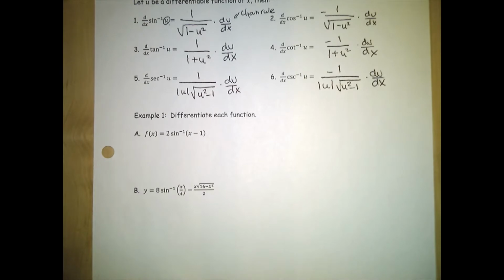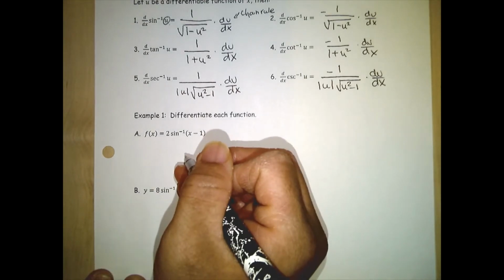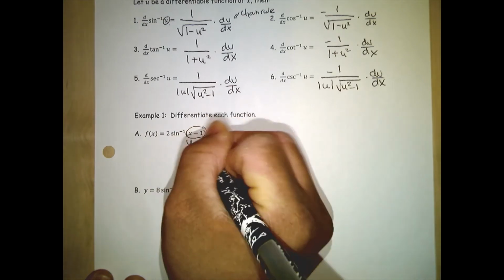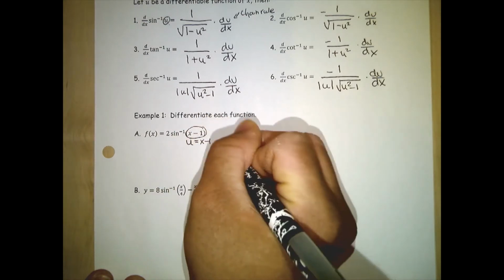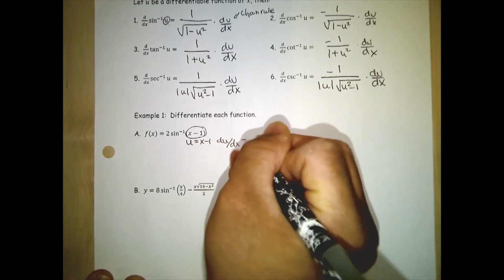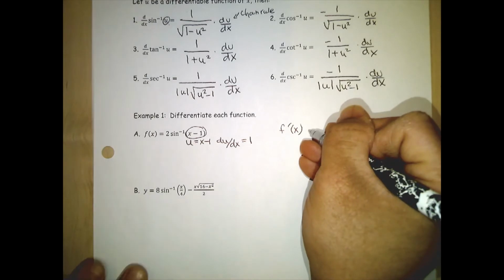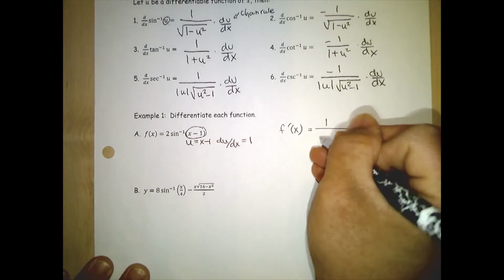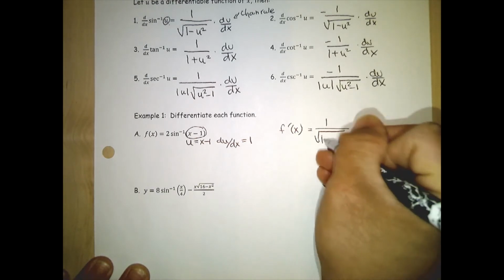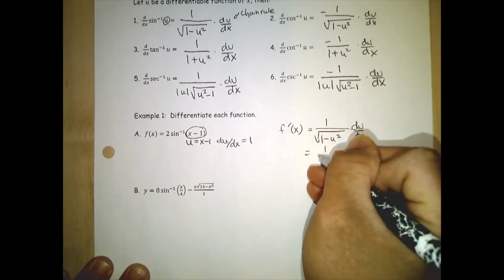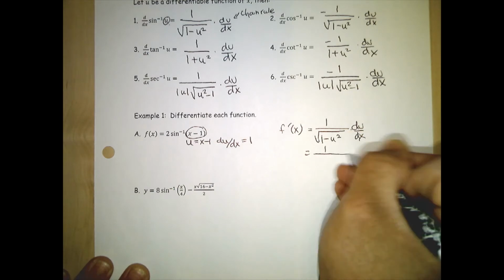So now, let's differentiate each of these functions. So f of x is 2 sine inverse of x minus 1. So here is the u. It's x minus 1, and du/dx is 1. So f prime of x will be 1 over the square root of 1 minus u squared times du/dx.